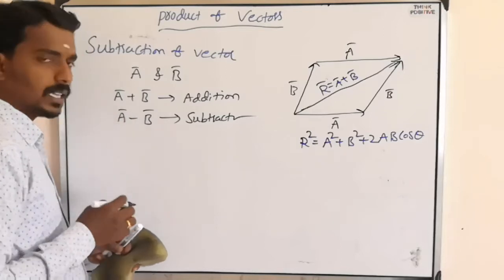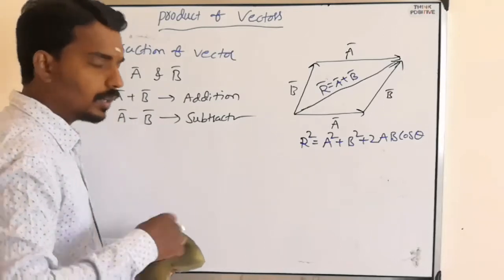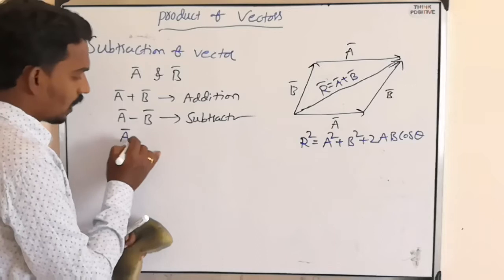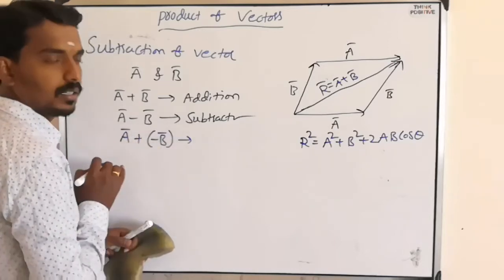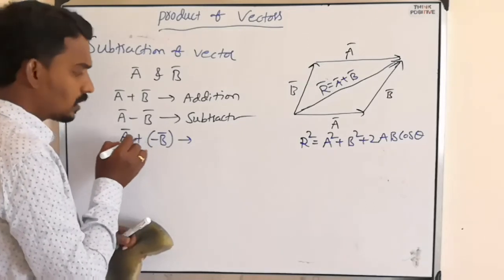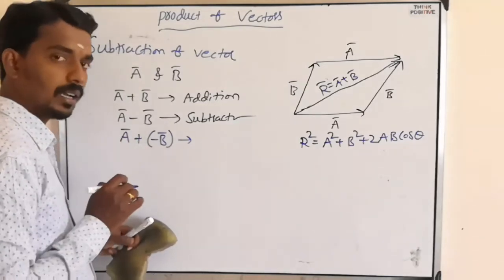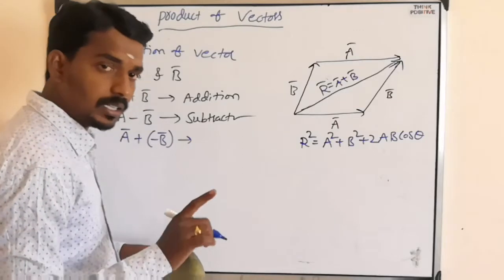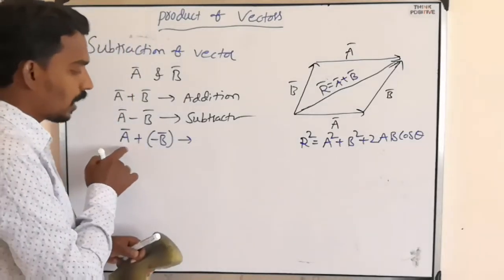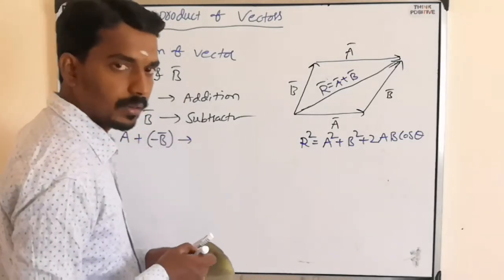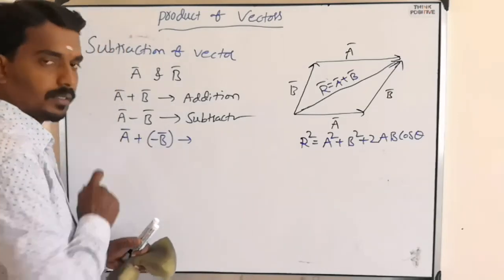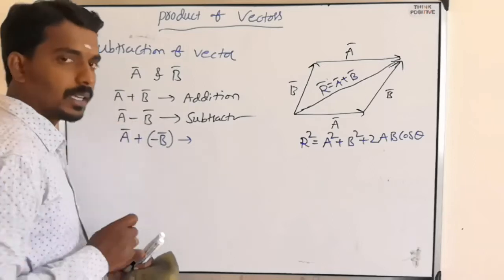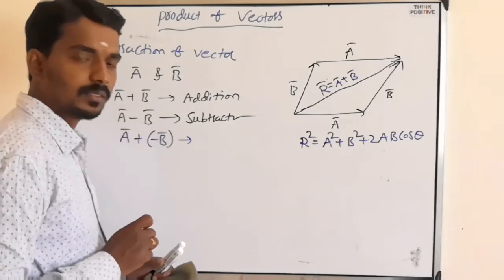But A bar minus B bar is nothing but what we write as A bar plus minus B bar. So this subtraction of A bar and B bar is nothing but addition of A bar and minus B bar.